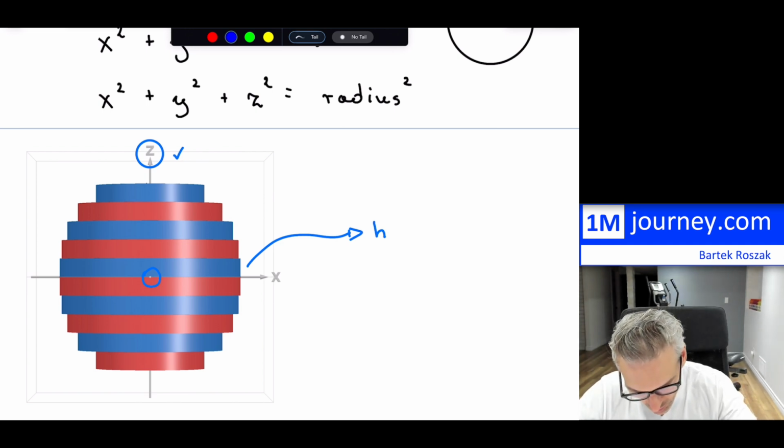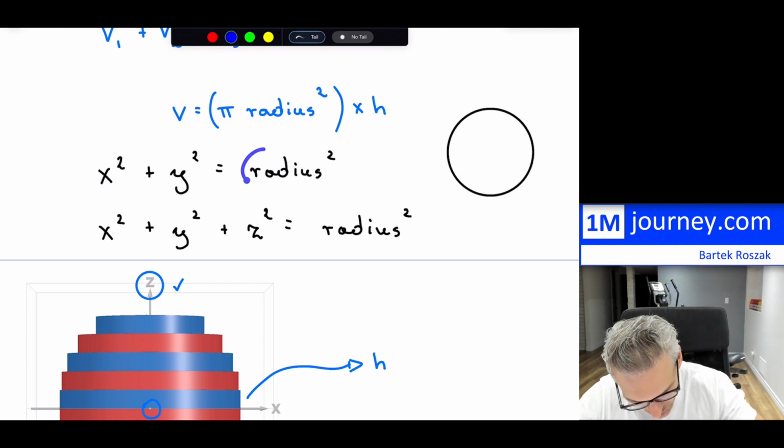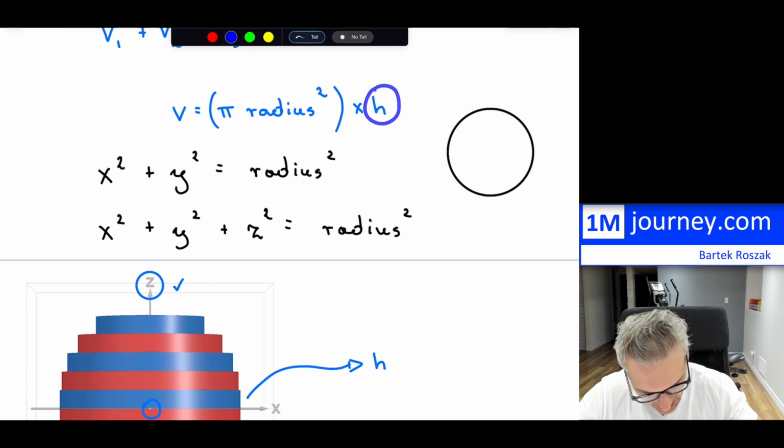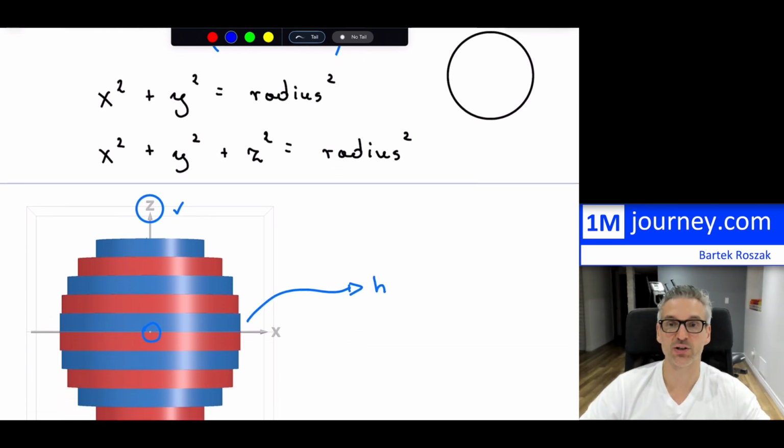So if you take a look and you map out this particular volume, well, this radius squared, we can certainly substitute that into here, and then this h, really what it is is the height of this particular cylinder.